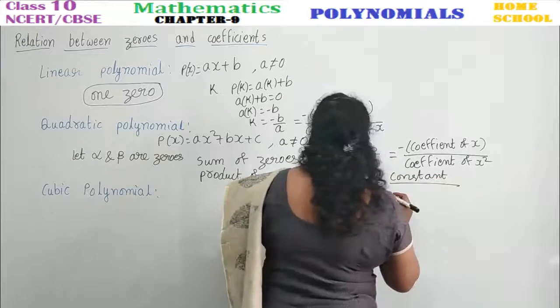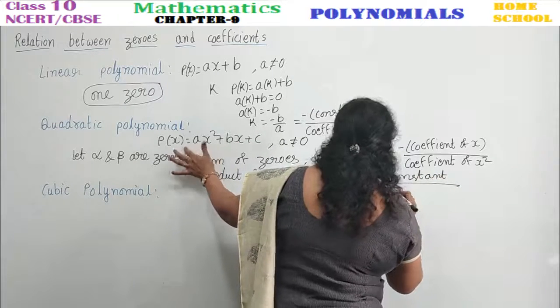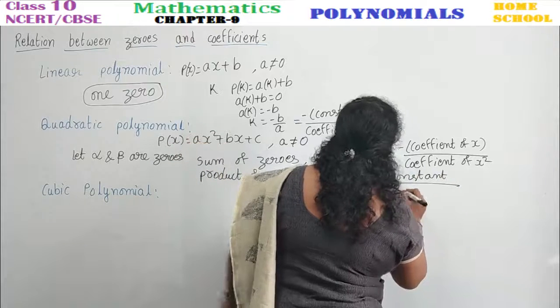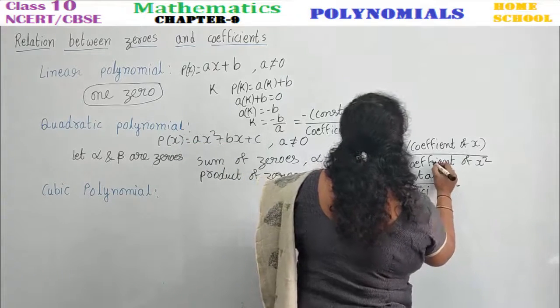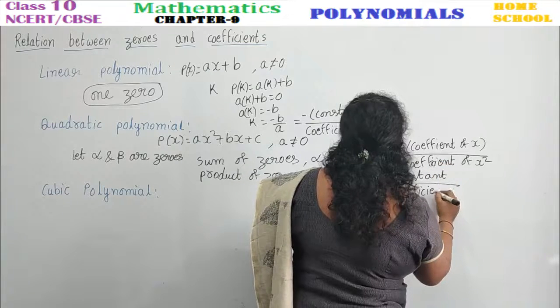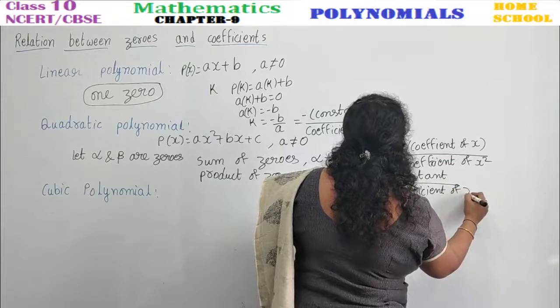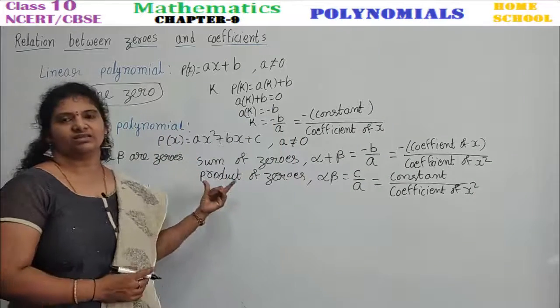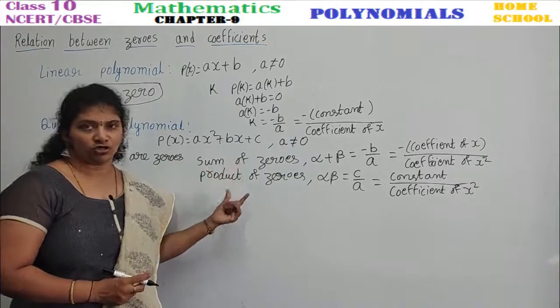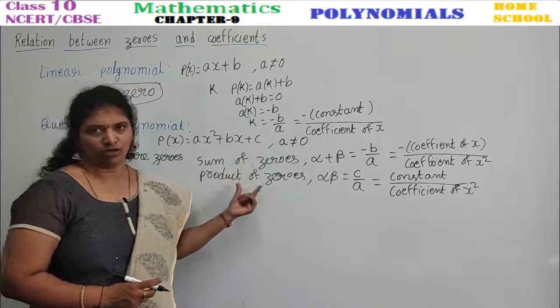Constant by, where is a? A is the coefficient of x square. So, these are the sum of zeros and product of zeros of a quadratic polynomial.